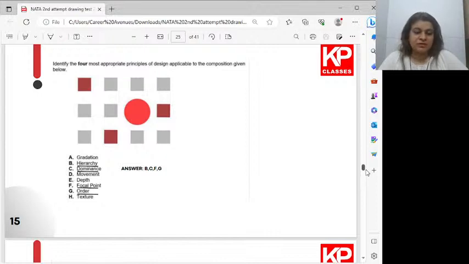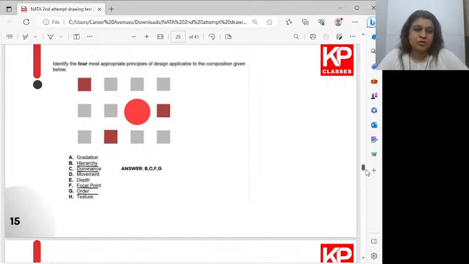Because if your whole focus is going on the red circle, it has been given importance, so there is hierarchy, and every other element is of the same size and a little smaller than the circle. Dominance again, because the red circle is the most dominating factor. We are focusing on that, so hence focal point.